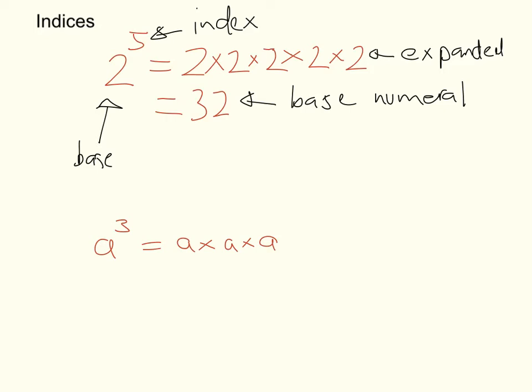So we have a couple of rules, and you'll probably be familiar with these. Our first one is that if I have 2 common bases, let's say a cubed times a to the power of 4, well, I could write that out as a times a times a, which is a cubed, times a times a times a times a.